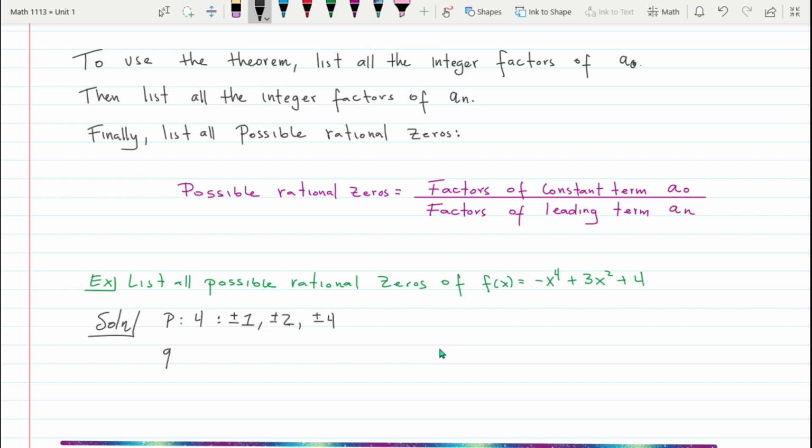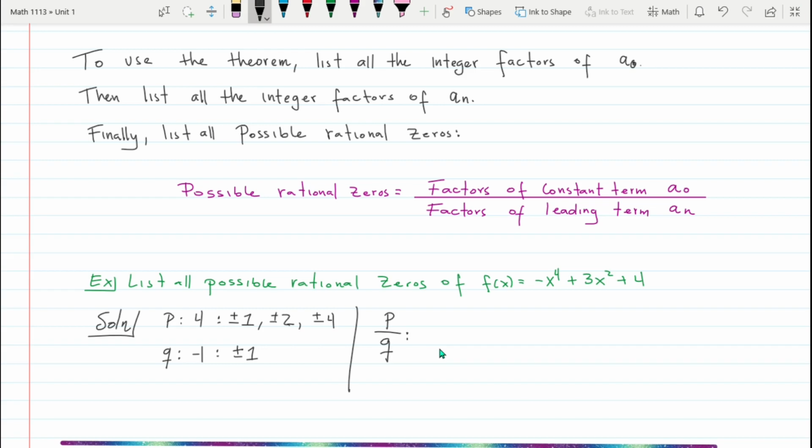Okay, and then Q is the number negative 1. Well, what are the factors of negative 1? Well, it's positive and negative 1, right? So then we'll do P divided by Q, which means all of the factors that we found divided by 1.